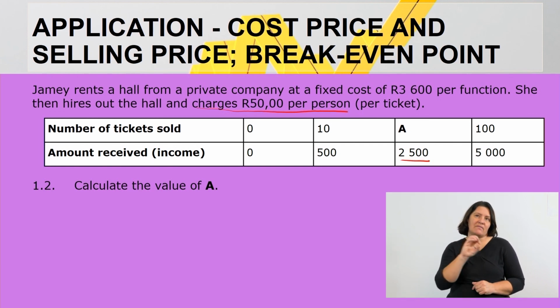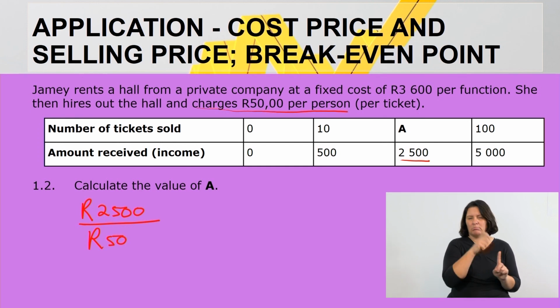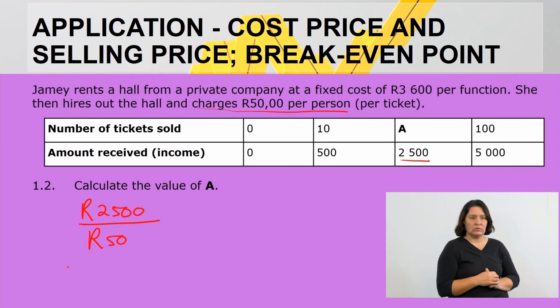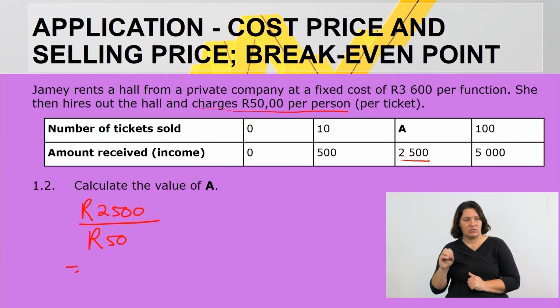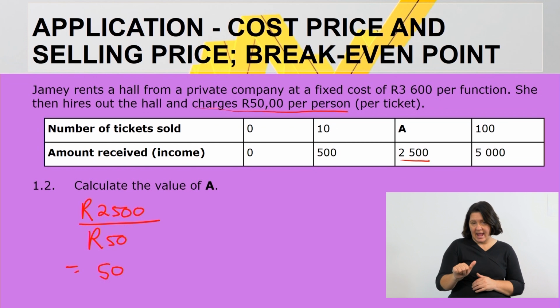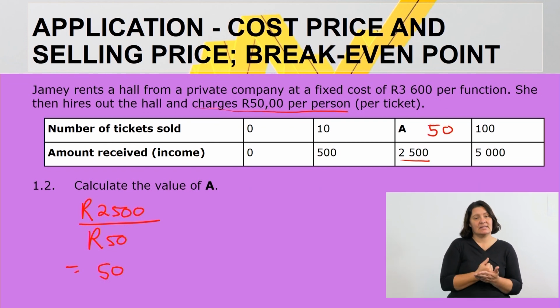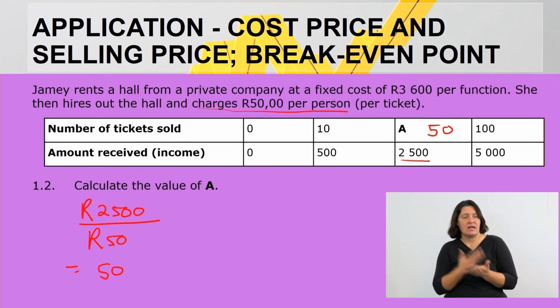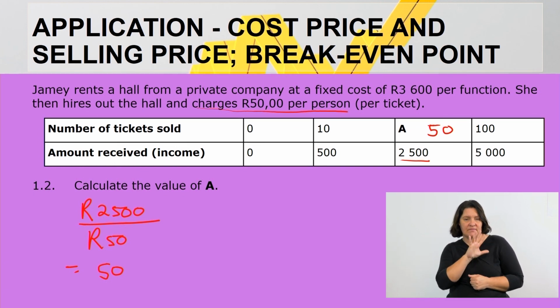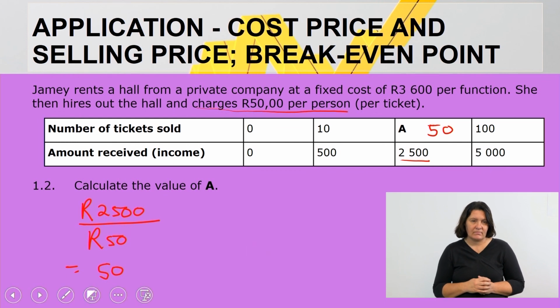So therefore I'll say 2,500 divided by 50 Rand, right? Per ticket or per person, right? We want to know the value of A. So if I do that, 2,500 divided by 50 Rand, that means it will give us 50 people. So therefore, A is going to be 50. So what are we saying through this is that she must sell 50 tickets in order for her to receive an income of 2,500 Rand.